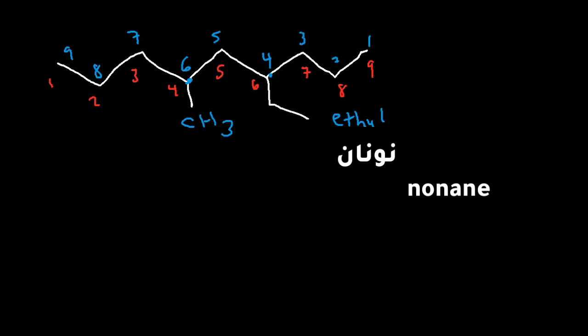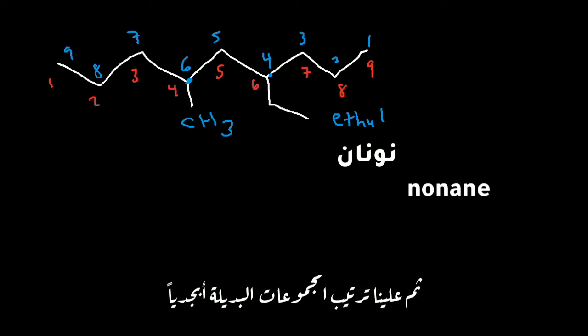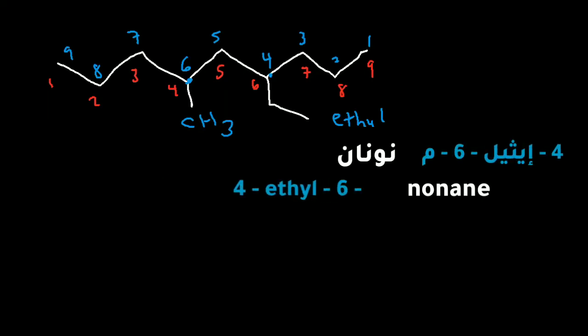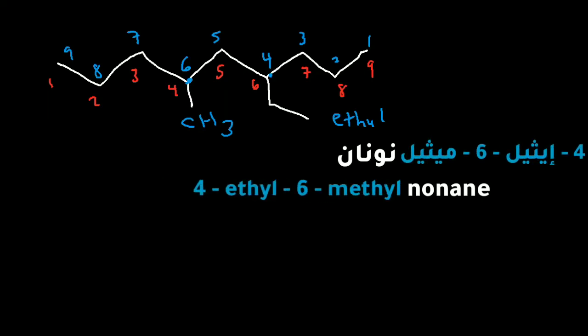Next, we need to alphabetize our substituents. So we're going to start with 4-ethyl, dash, 6-methylnonane.